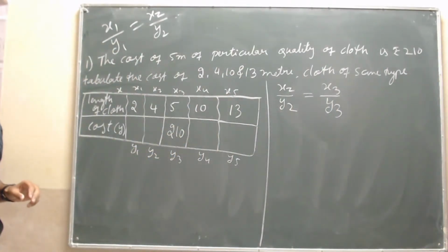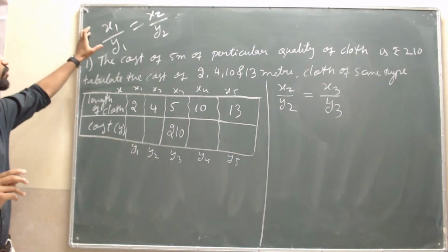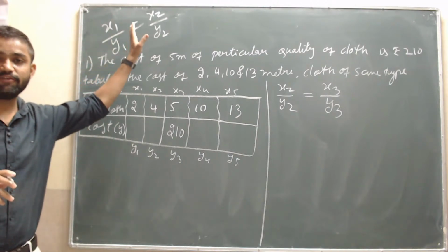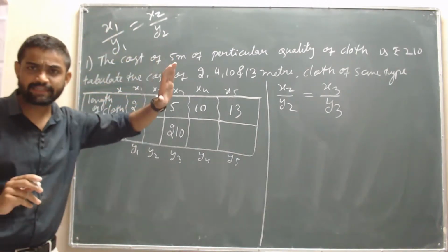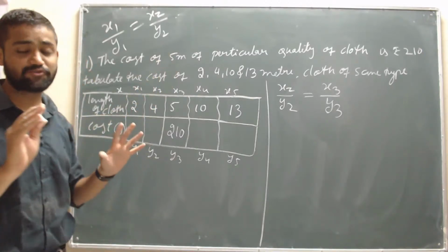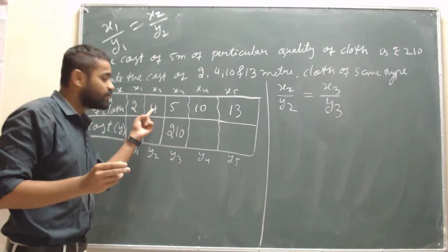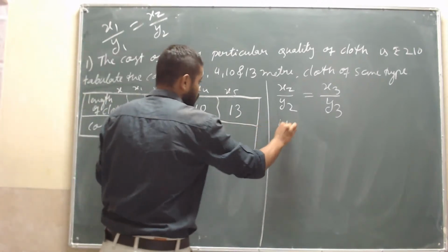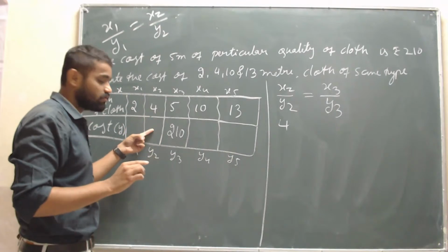Is it clear to you, students? This is the general formula, and here we have to substitute the values. What is the value of x2 we have? 4. And what is the value of y2?